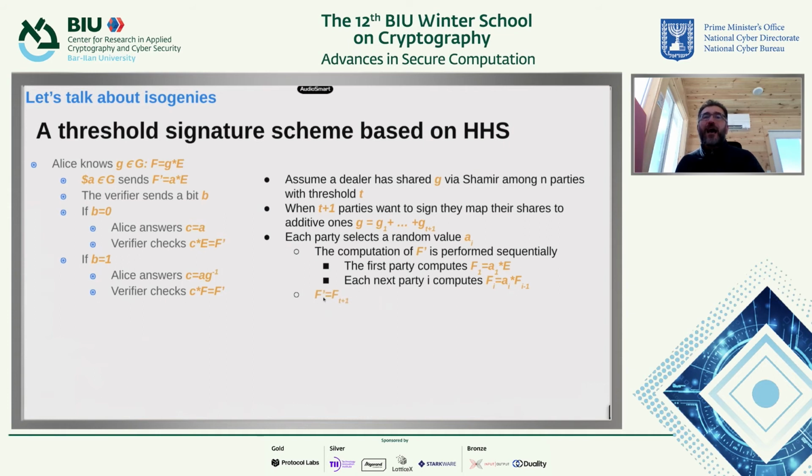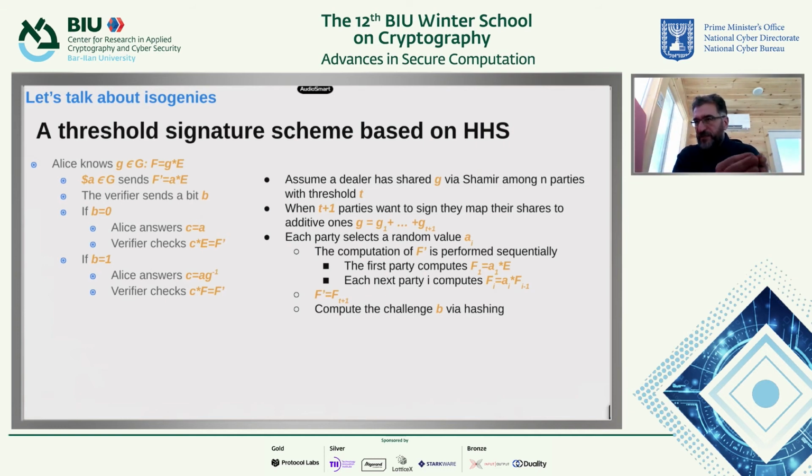And the last guy's output, F prime, would be A times E, where A is the sum of the AI. One thing that I didn't say in the previous slides is that if you apply two group elements in succession, you get the sum of the group elements.